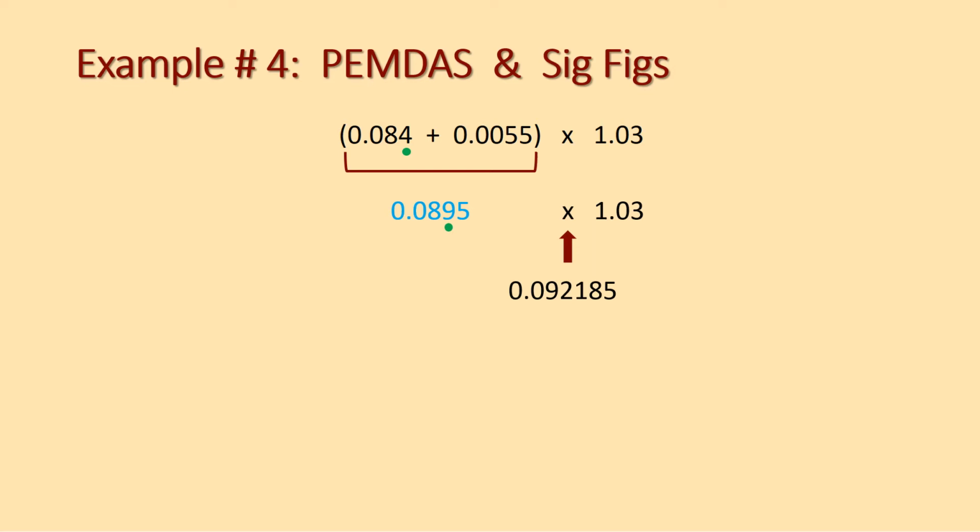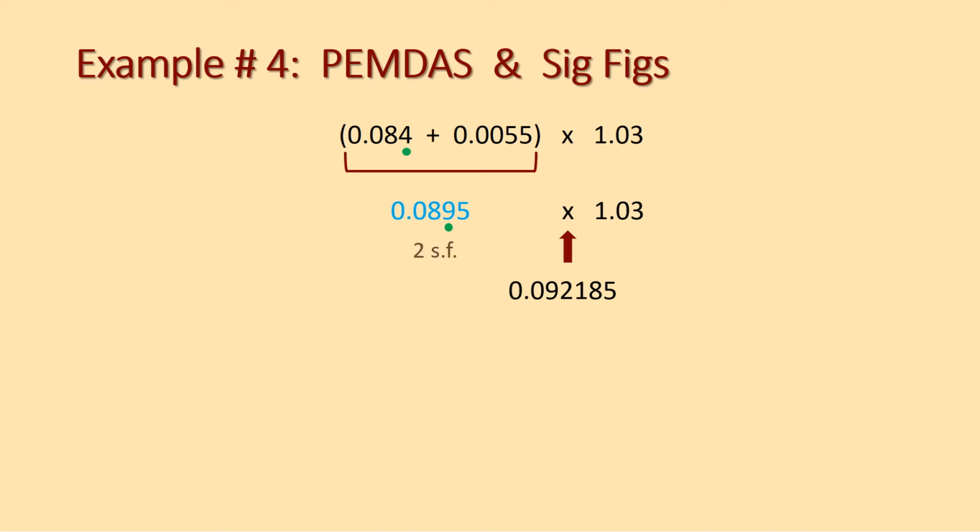Well, our last operation was multiplication. So we're going to use the rules for determining significant figures in multiplication and division for our final answer. Now with those rules, we look to see which of the values we used to perform the multiplication has the fewest significant figures, and that will determine the number of significant figures of our answer. Now if we look to the value on the left, which is an intermediate solution, 0.0895, this has 3 digits, but only 2 are significant, and we know that by the dot that we placed underneath the 9.